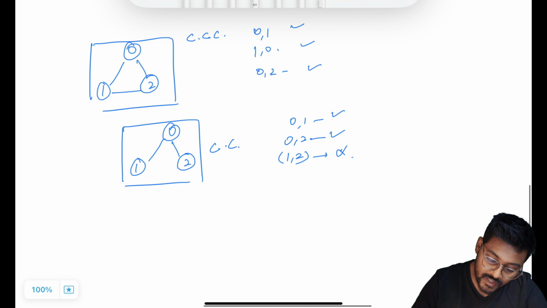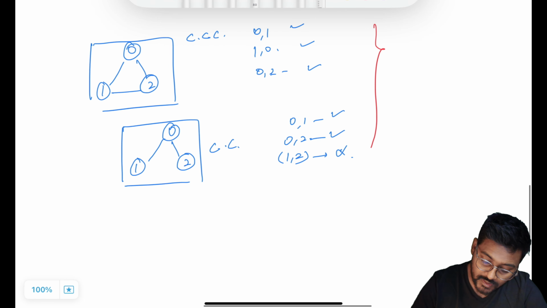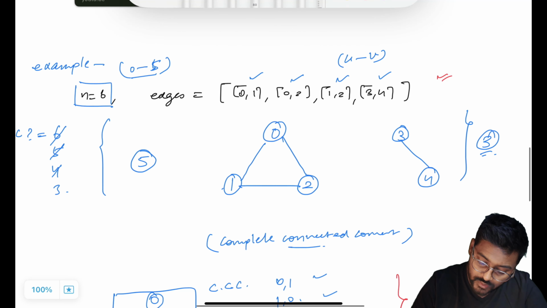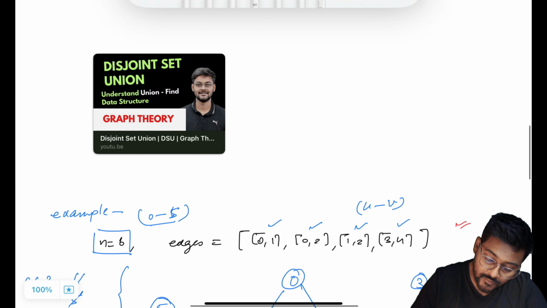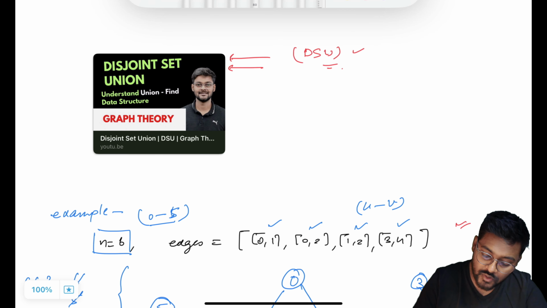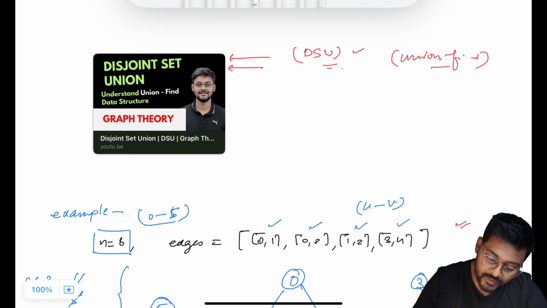So now I will just directly give you that idea. In the connected component, first of all, how do we figure out the number of connected components? For that, there is a very good algorithm or data structure which is called disjoint set union, or you can find the name union find algorithm.